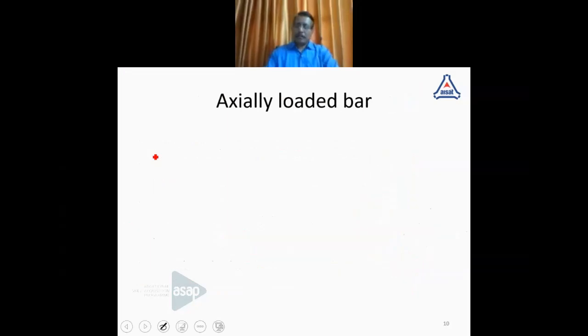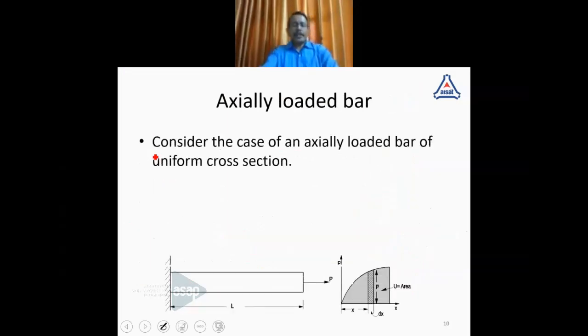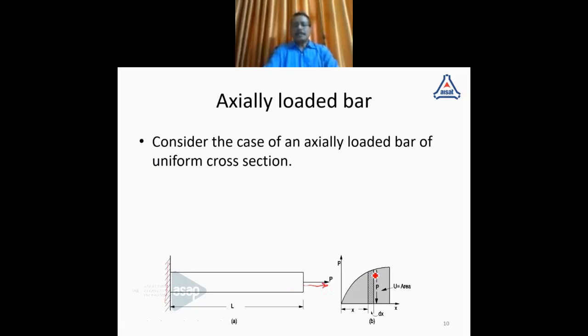Now we will take a simple example of an axially loaded bar. The diagram is shown here. A bar of length L is fixed at one end, and a load P is applied at the free end along the axial direction. And this load deflection diagram can be represented like this.